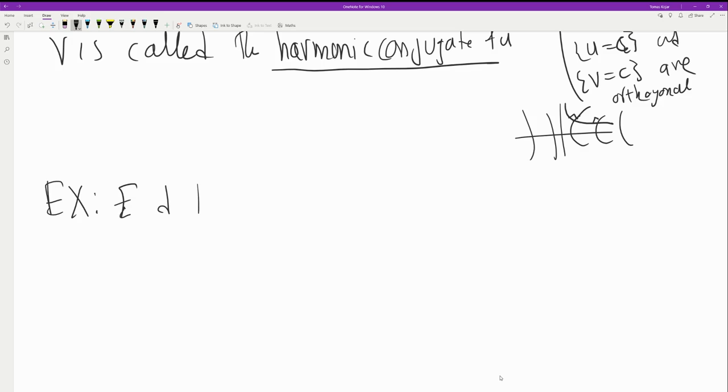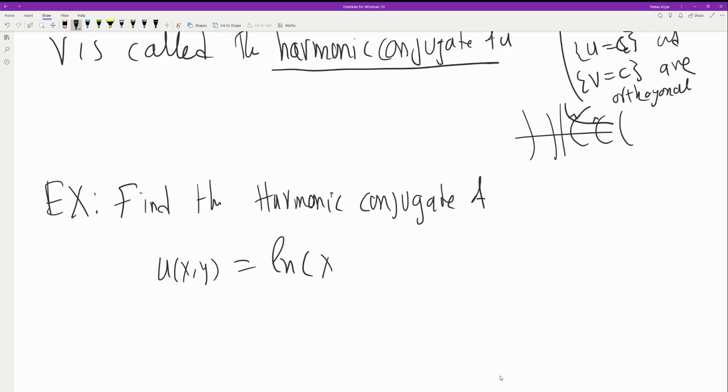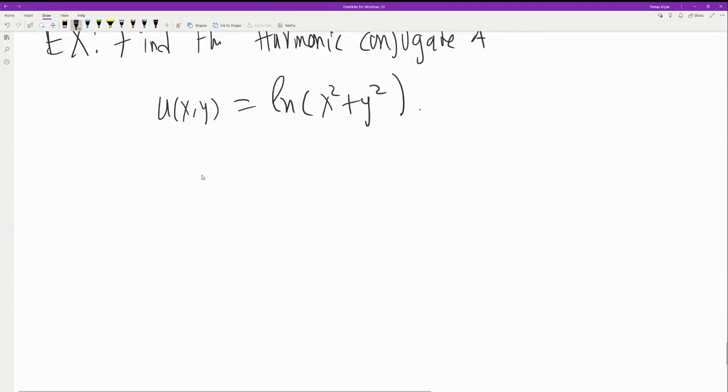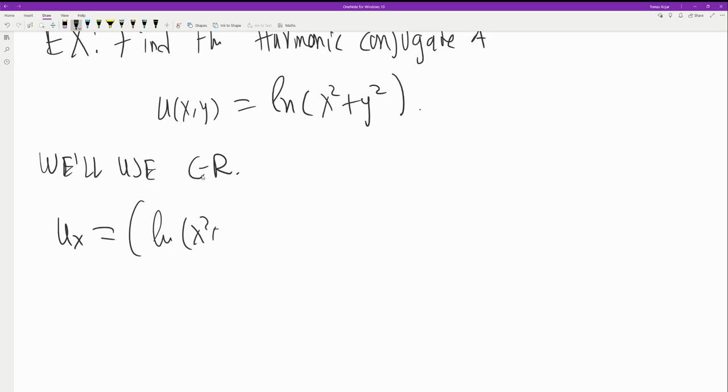So here we find the harmonic conjugate of log of x squared plus y squared. Okay. So we will use Cauchy Riemann. We have u of x is the derivative of log of x squared plus y squared.